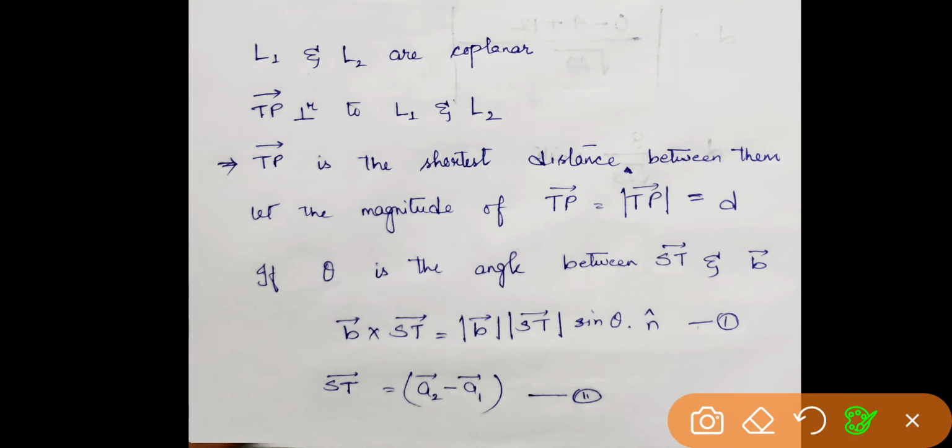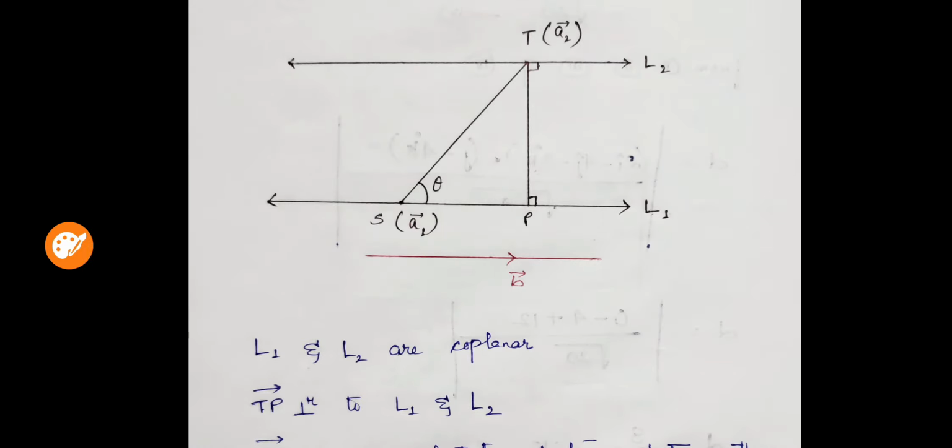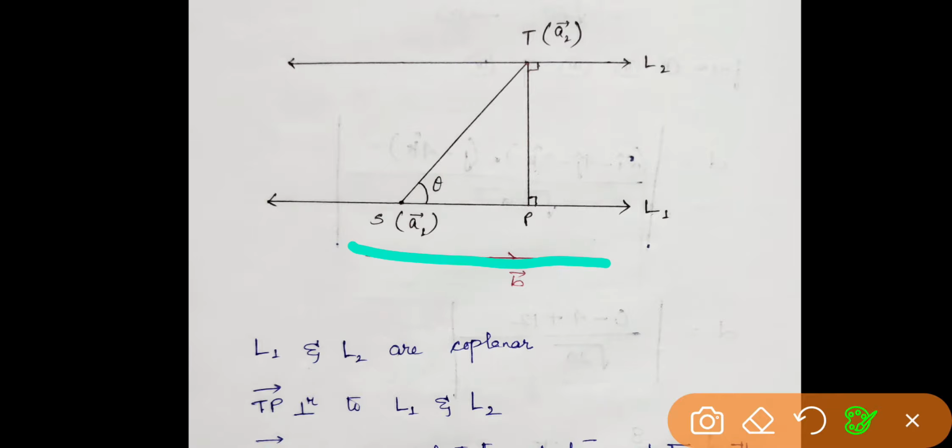So I take cross product of B and ST. You see here, B cross ST. So from here to here, we will have a vector going up here.